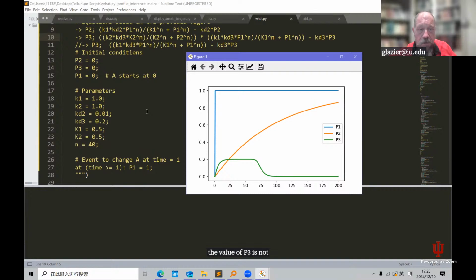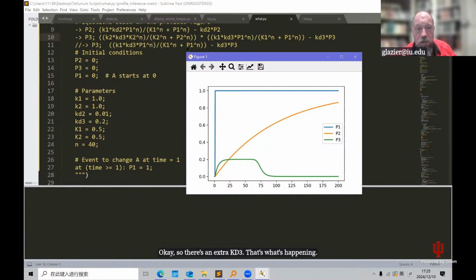Let's see what's happening here. If I have KD3 times P1, okay, so there's an extra KD3. That's what's happening.